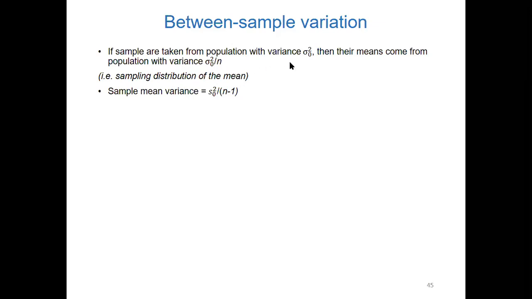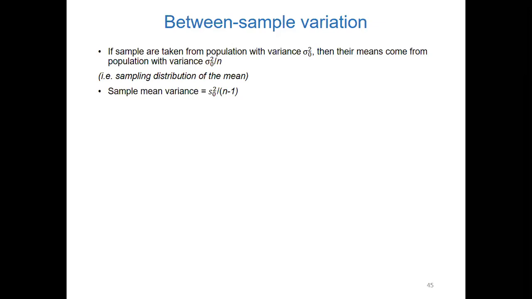What does this mean? There is a population, and we are collecting samples from it. When we collect samples, the variance is simply sigma square, right? But suppose you are taking means, not the sample, you are taking the sample mean.